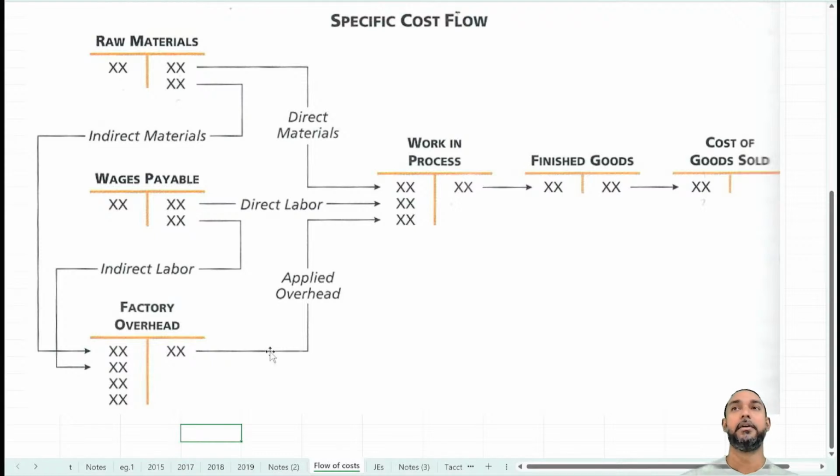I'm thinking the application of computer power and AI to the costing process might significantly improve the accuracy of overheads.